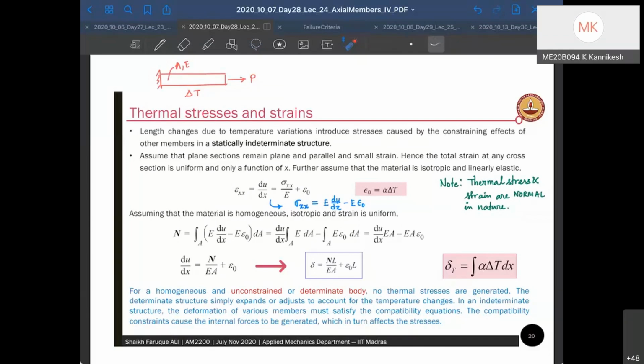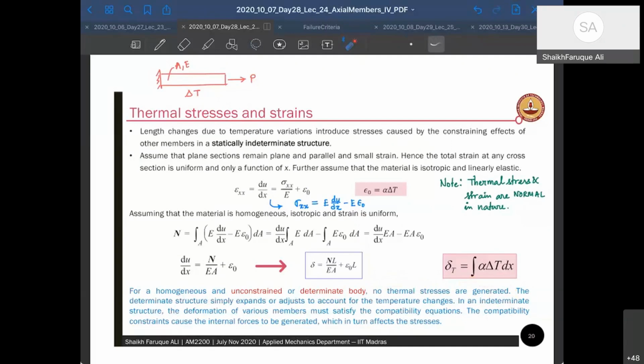So, temperature directly causes the strain, no, sir? It just changes the length, right? Right, very right. So for a homogeneous and unconstrained or determinate body, no thermal stresses are generated. There won't be any thermal stresses because, as you said, thermal stresses are manifested by extension, and if it's free to extend, the stress will not generate.